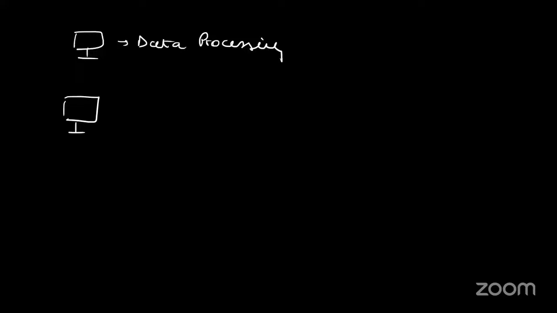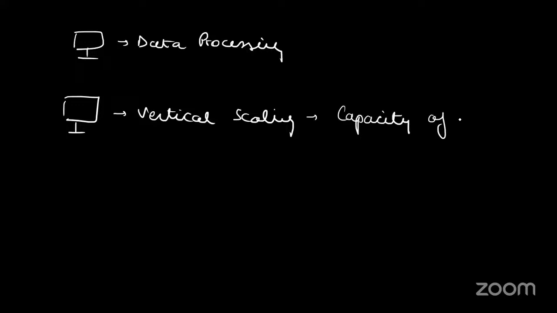So what they did was vertical scaling of this existing system. Now, what does vertical scaling mean? It means increasing the capacity of individual machines.